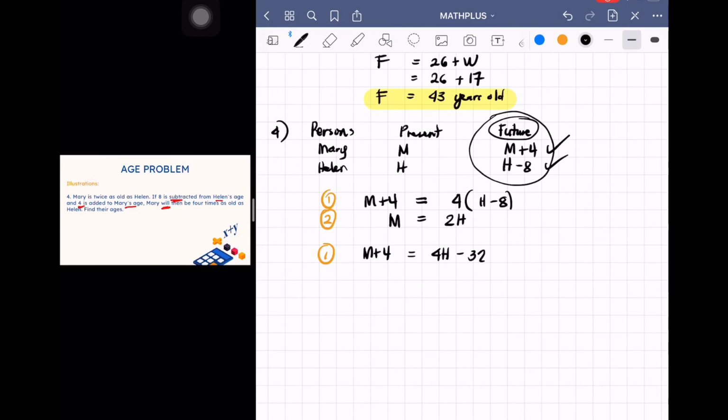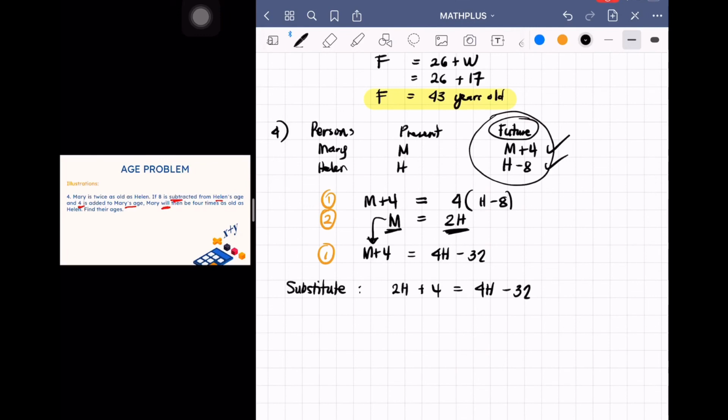Since you already have equation 2 being a relationship of M equivalent to 2H, I'll just substitute this on all M's in equation 1. So that would be M, which is 2H, plus 4 equal to 4H minus 32.